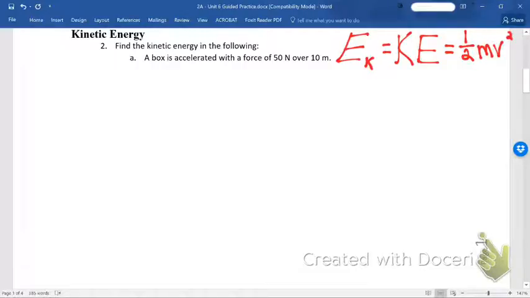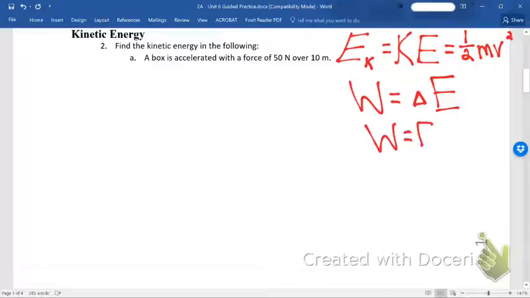That tells us that mass and velocity are the keys here. But we also know that work is a change in energy. So if work is done to change the kinetic energy, then we might be using our force times distance equation as well. So we have some combinations that we need to make here.